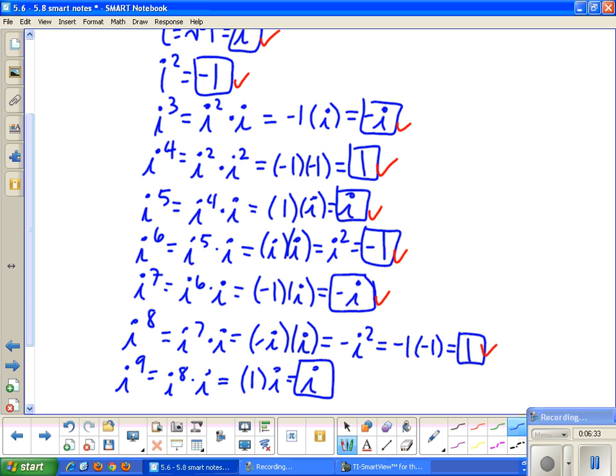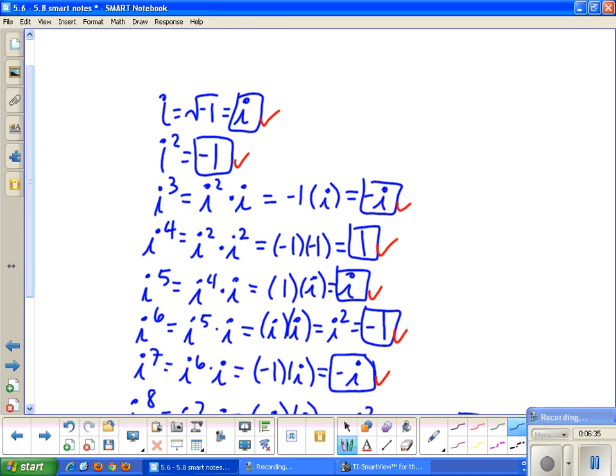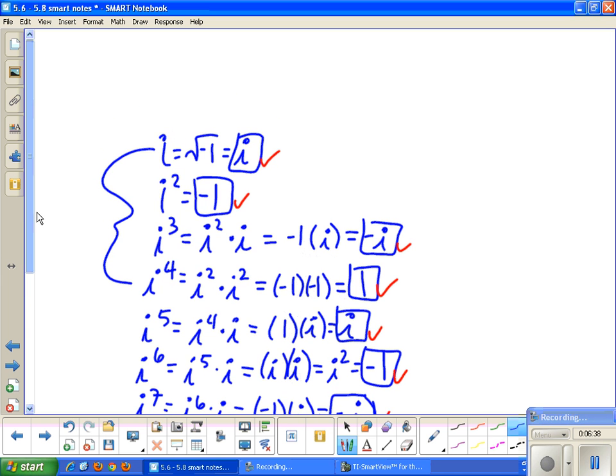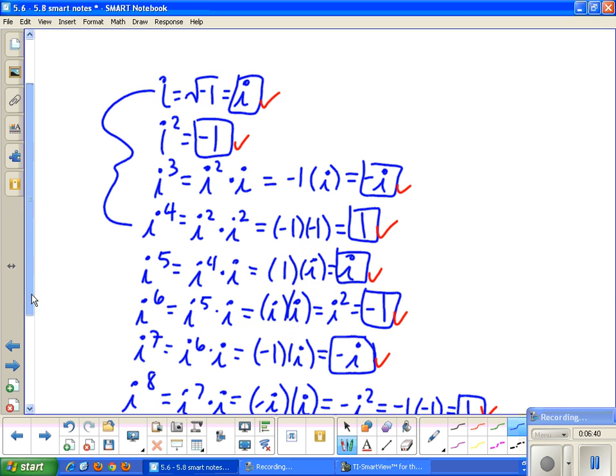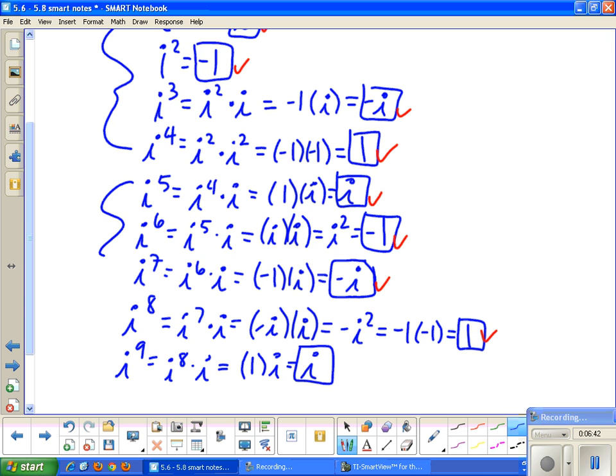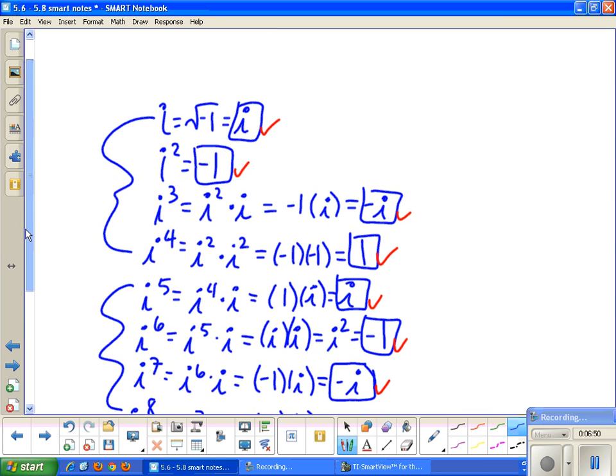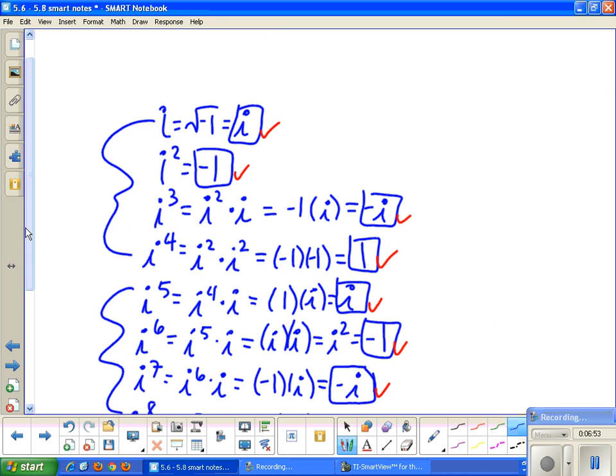So notice that because of that, we're starting to see the same pattern over and over. And then i to the 10th power is going to be equal to -1, i to the 11th power, so we could keep on going. So this would be the 10th power, 11th power, 12th power, and then 13th power.